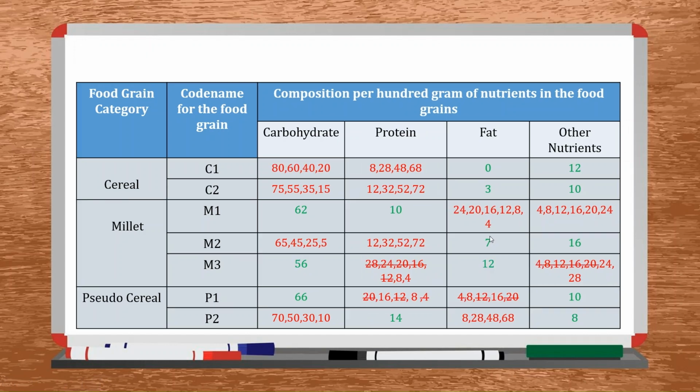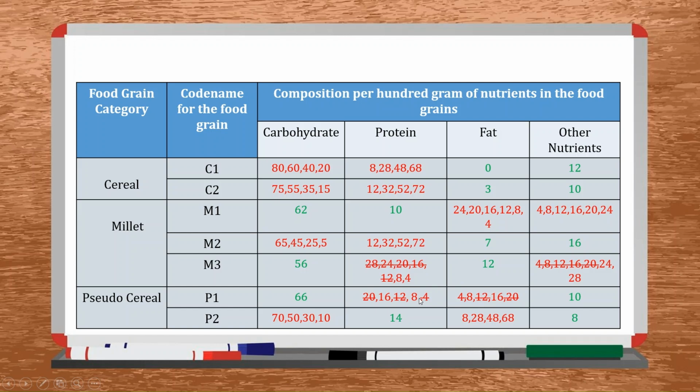So by eliminating these values, we get only two possible values for M3 now. In protein, 8 and 4. Other nutrients is 24 and 28. And similarly for P1, protein would be 16 and 8, and fat in P1 would be 8 and 16.